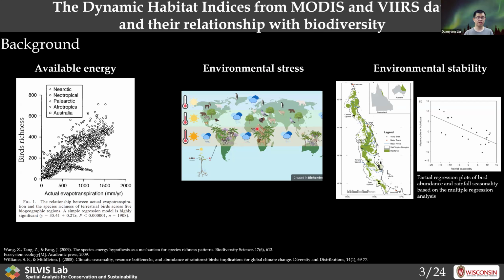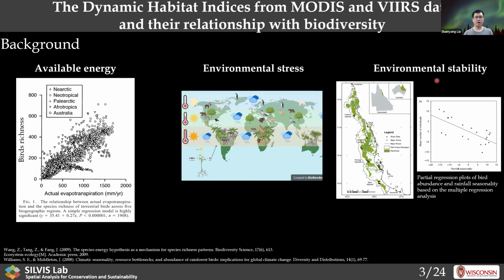For example, in this figure, over the northern hemisphere, the temperature will gradually drop from the equator to the North Pole. And the species richness also rapidly decreases because as the latitude increases, the environmental stress faced by the wild animals is also rapidly growing.